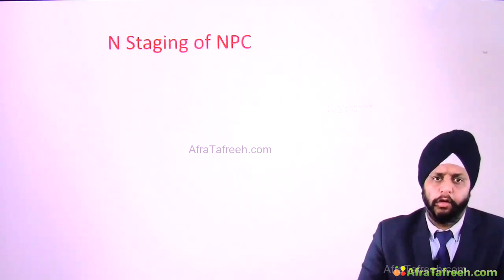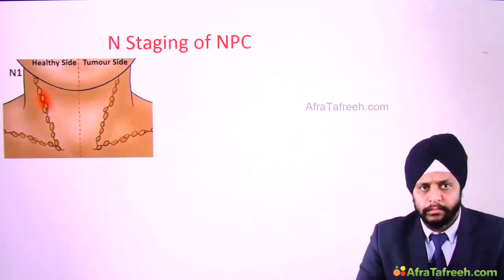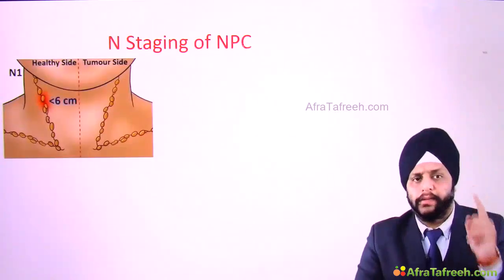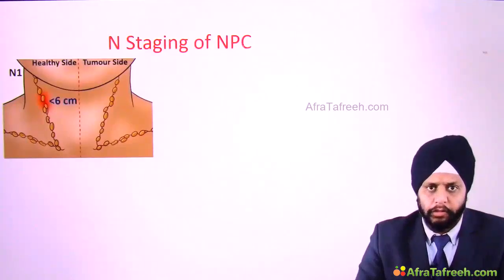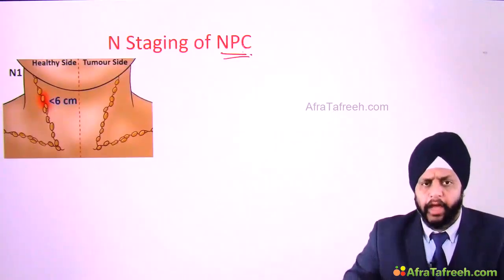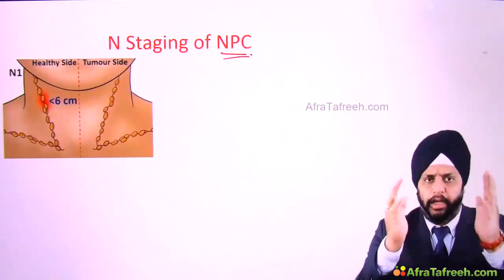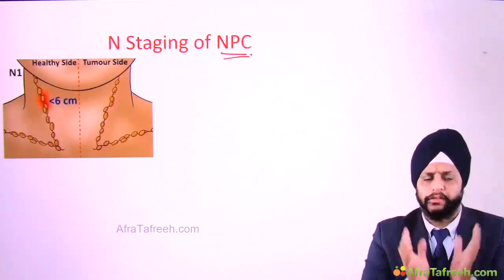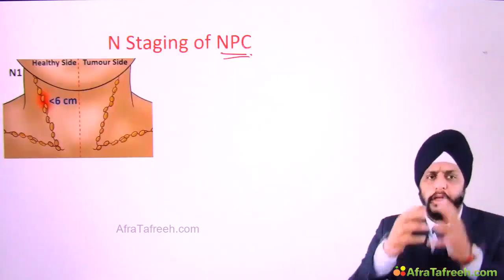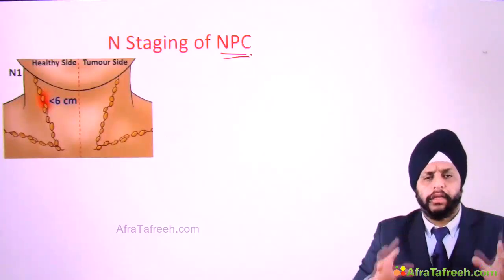Now we go to N1. N1 is a simple criterion, less than 6 centimeter. You see, NPC, the nasopharynx, is in the midline. The nasopharynx is a midline structure. Now from here, any malignancy can metastasize to any side.